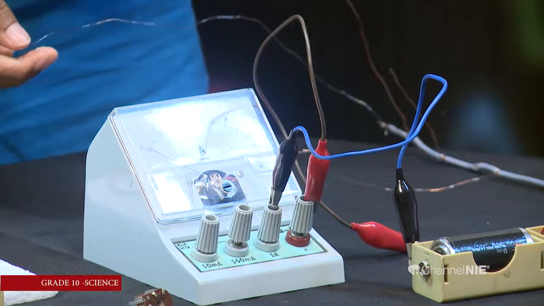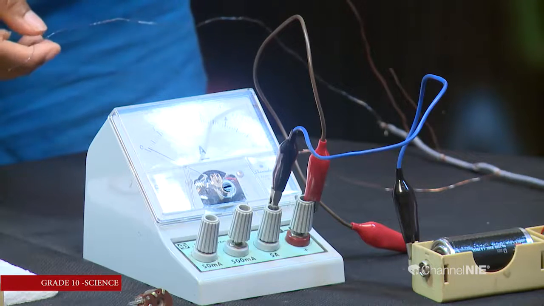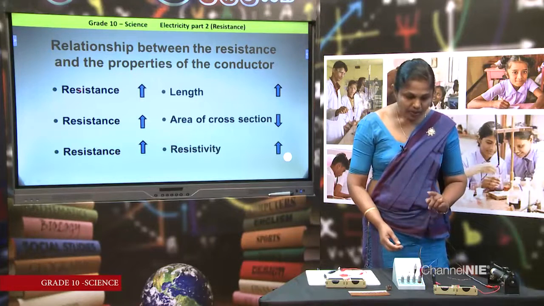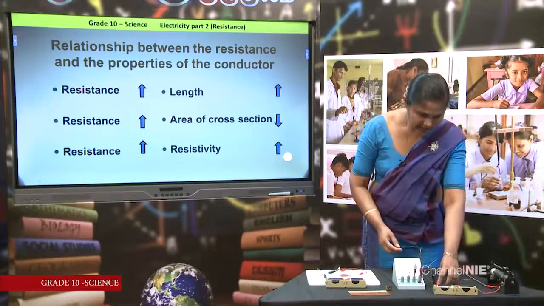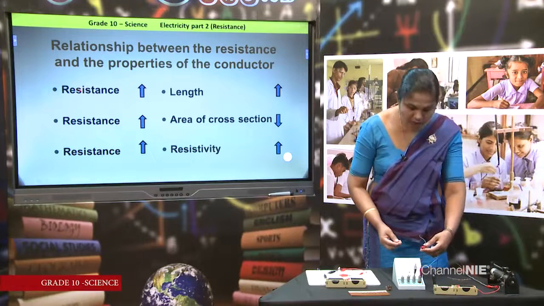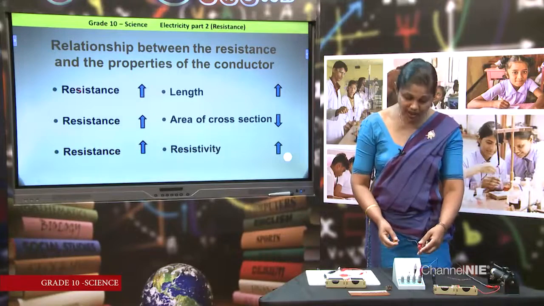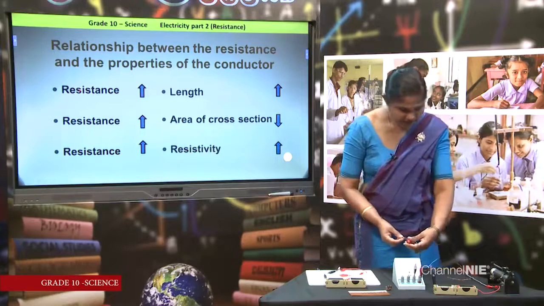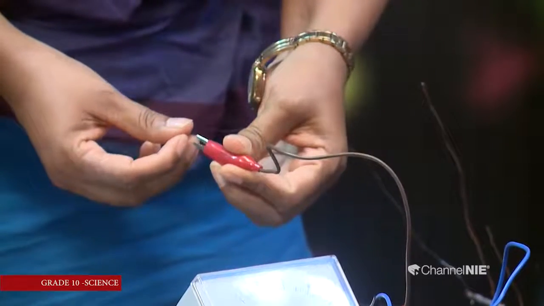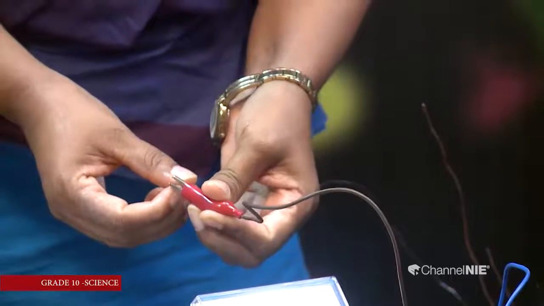Now, I am going to show you what happens to the current flow of the circuit when the circuit is connected to the nichrome wire and to the copper wire. Right. First, I am going to join the nichrome wire, children.